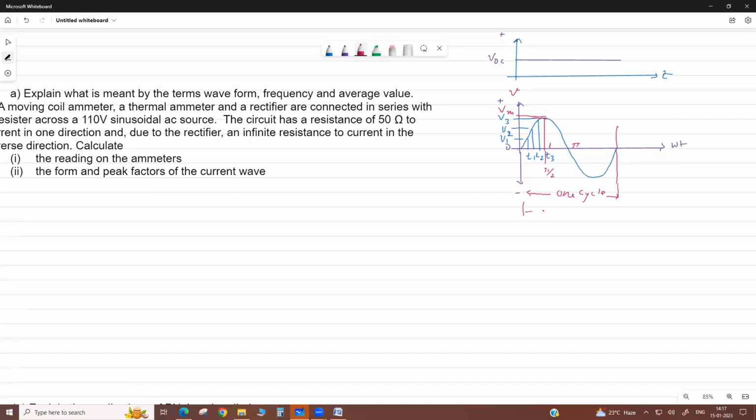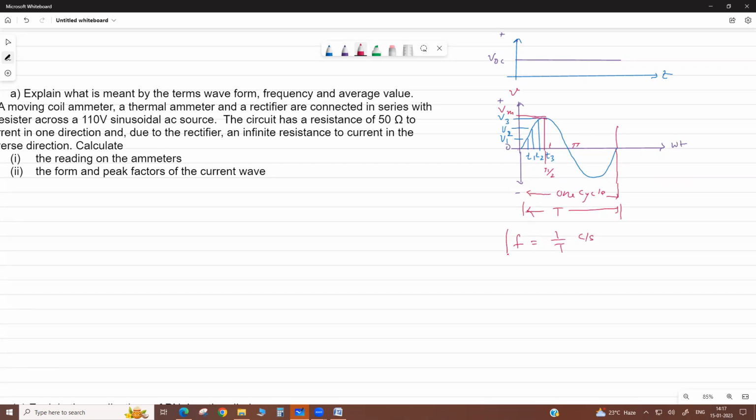Then the time taken to complete that cycle is called the period of the waveform, the time period. And if we calculate the frequency, it is 1 by time period, which gives cycles per second. That is called frequency.